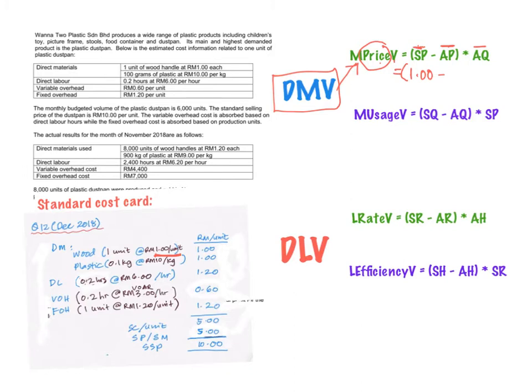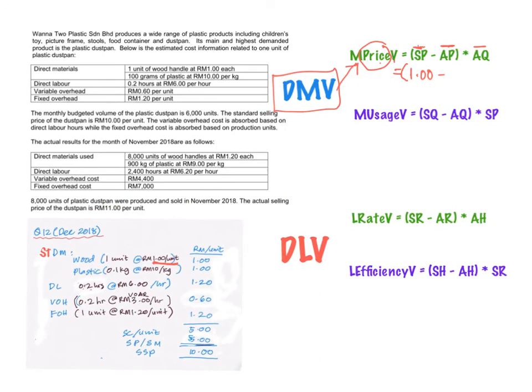And then we have to find the actual price. Where are you going to get this information? To get the actual price, we go back to our question. The actual results for the month of November are as follows. These are the actual results given to you in this table. Direct material used is 8,000 units of handles at 1 ringgit and 20 cent.